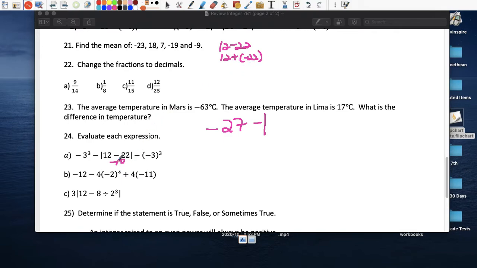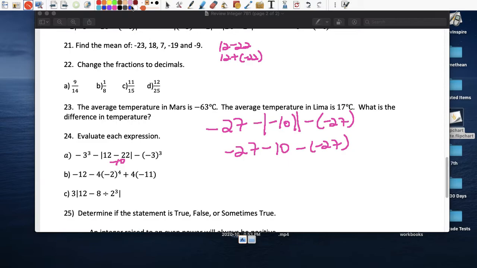The absolute value of negative 10 is 10. Negative 3 times negative 3 times negative 3 is negative 27. I forgot the sign here. So negative 27 minus the absolute value of negative 10, which is 10, minus negative 27.